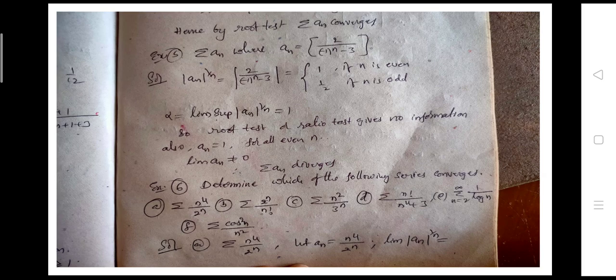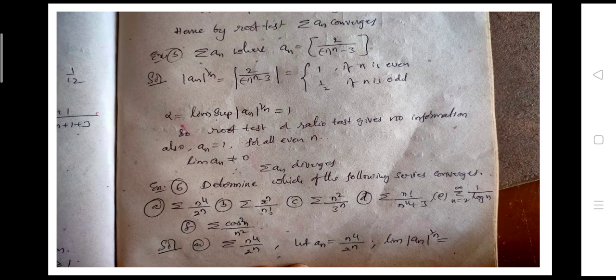Example 5: sigma an where an is equal to 2 by minus 1 whole power n minus 3. Solution: mod an whole power 1 by n. According to the root test, mod an whole power 1 by n is equal to mod of 2 by minus 1 whole power n minus 3, which is equal to 1 if n is even, 1 by 2 if n is odd.